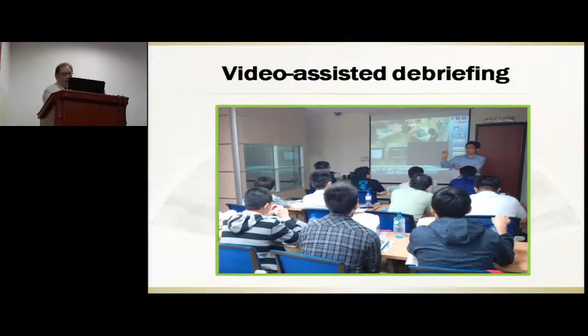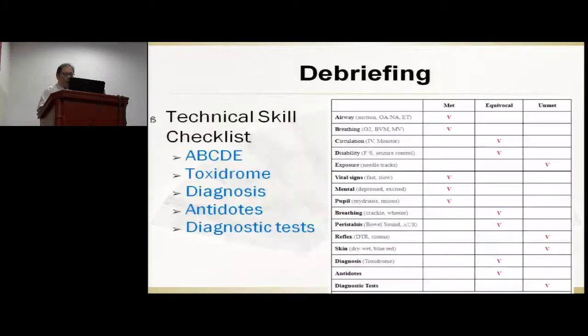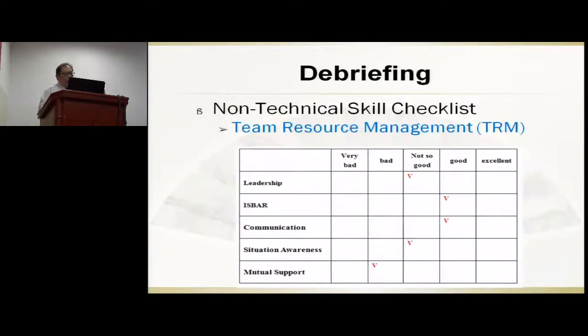Everything happening in the same lab is recorded by video, and then we play it back and stop it somewhere and have some talk. This also can be used. It depends on what you want to know, what you want to use. Okay. So for the debriefing, this is the checklist. And you can also use a non-technical skill checklist, especially for team resource management.